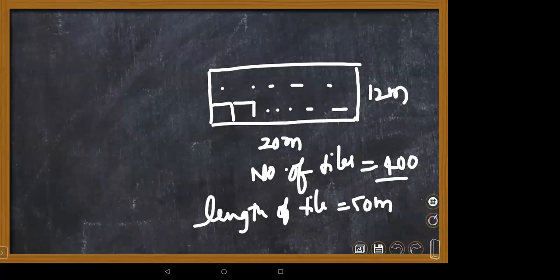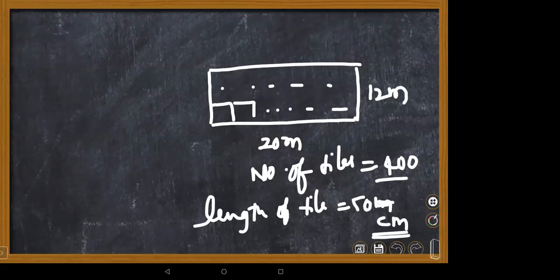Ma'am, can you please repeat the question? 400 tiles are required to pave the rectangular garden. The garden length is 20 meters and width is 12 meters. You need to find the width of the tile if the length is 50 centimeters. It's not meters, children, it's centimeters.